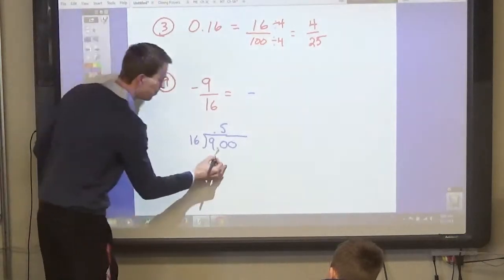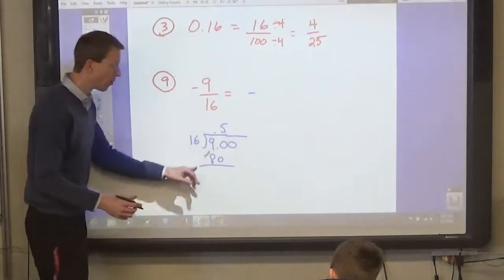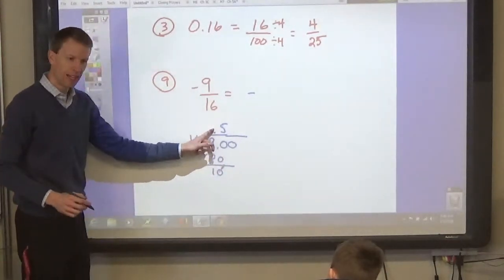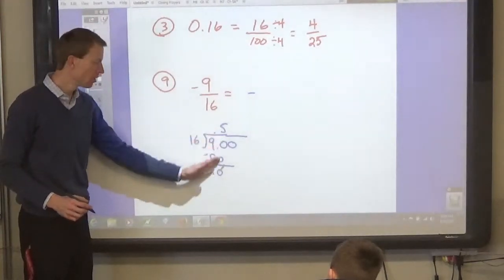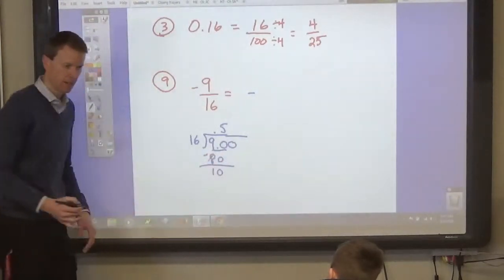Yeah, 80. Then subtract. Remember, when you're subtracting, once you have the decimal in place, you don't need to worry about it anymore. You can just subtract this and pretend this is 90, take away 80. Okay?